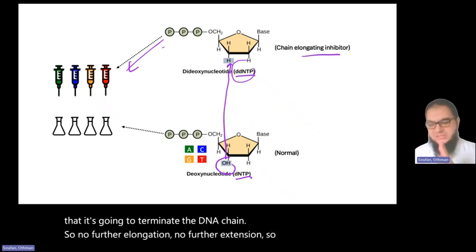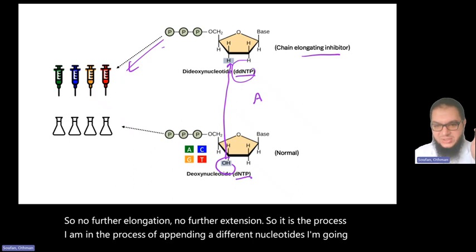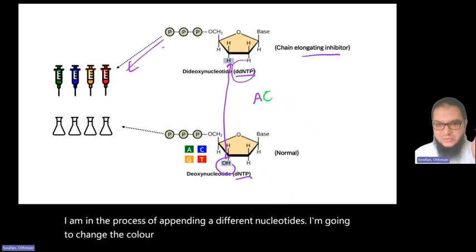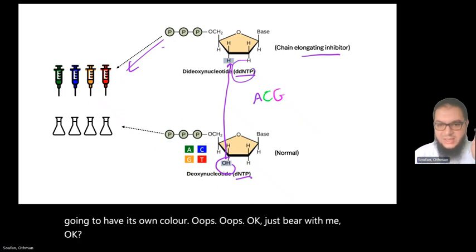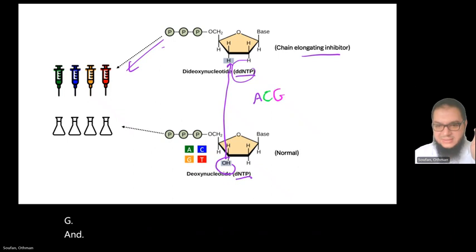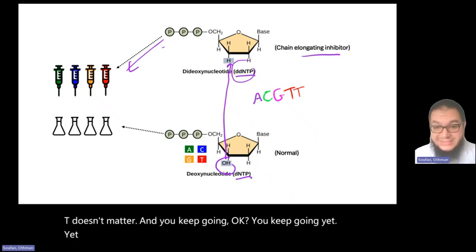I'm in the process of appending different nucleotides. I'm going to change the color so that you understand each one is going to have its own color. Okay, G and T, doesn't matter, and you keep going, yet those are dNTPs.